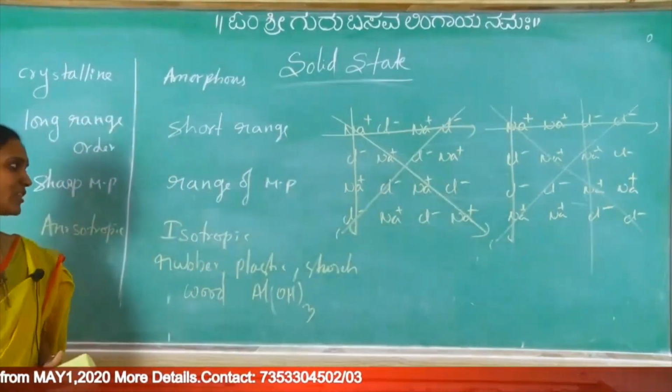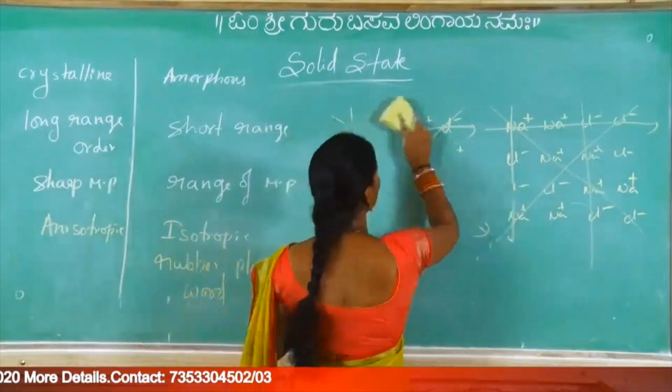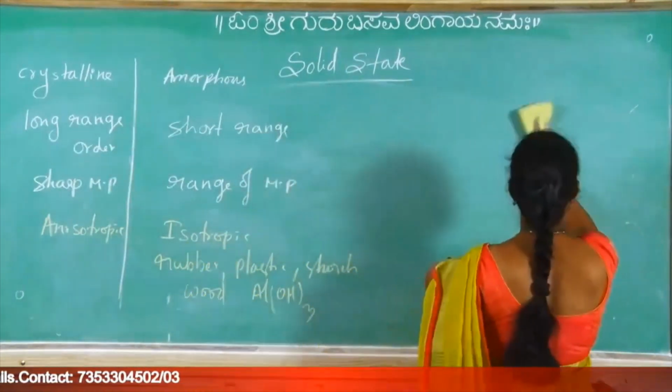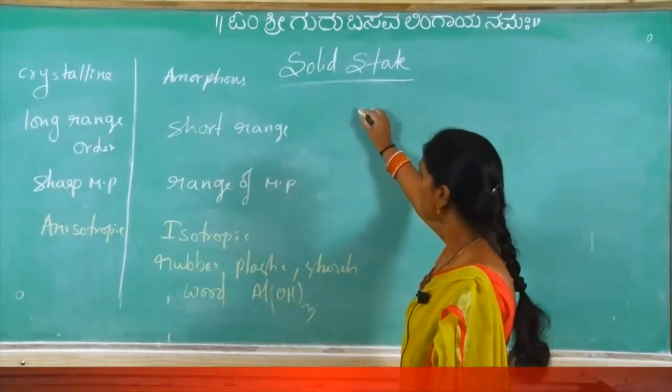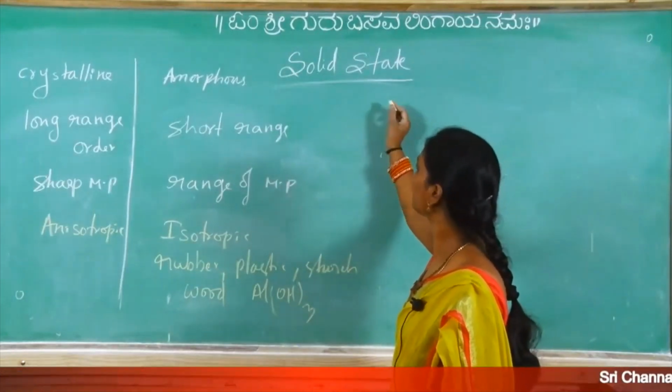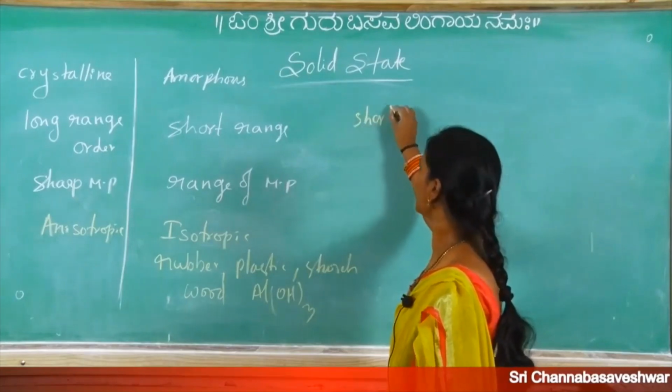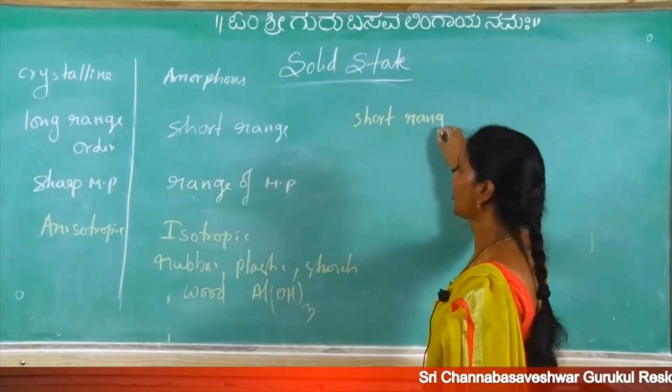Now I will ask one question. How will they ask questions related to this classification, the differences between crystalline and amorphous? The following solid has short range order. I am not writing the full question.